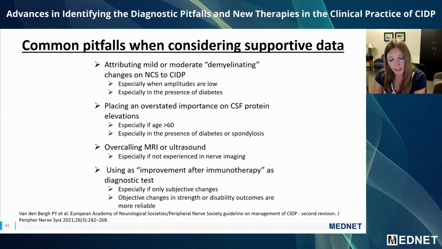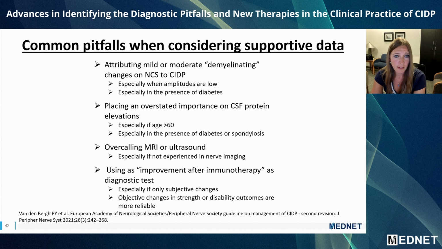Overcalling imaging findings is another one. Ultrasound might be one area where it's very useful if you're familiar with how to use it, but be careful, even at the nerve root levels, which can be very tricky if you don't have experience. So make sure whoever is generating that data has experience.